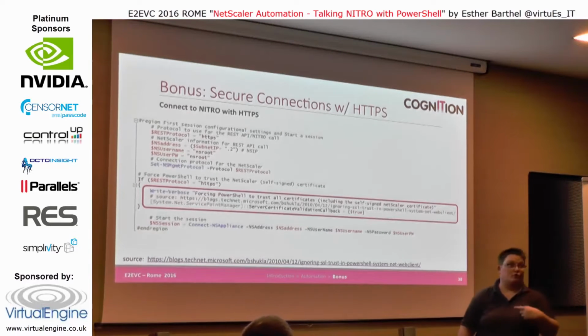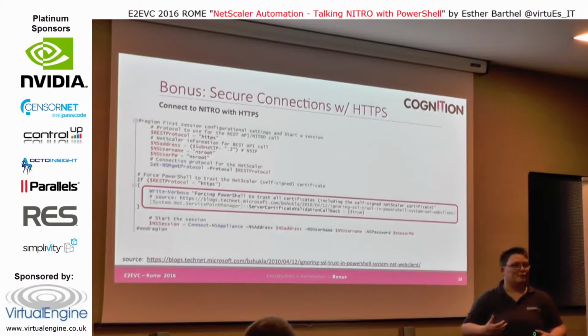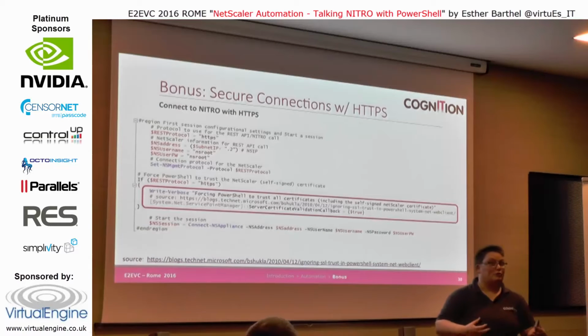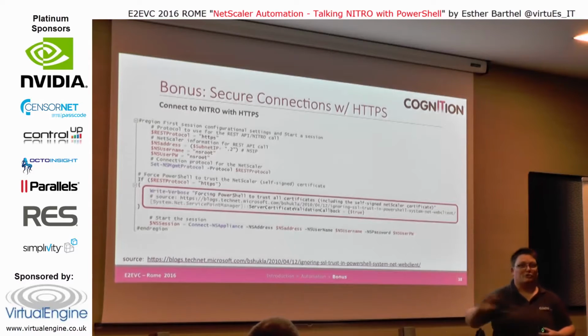You can force PowerShell or your machine to accept any certificate that is thrown at it, so to speak. So I just told it to ignore all the security checks.